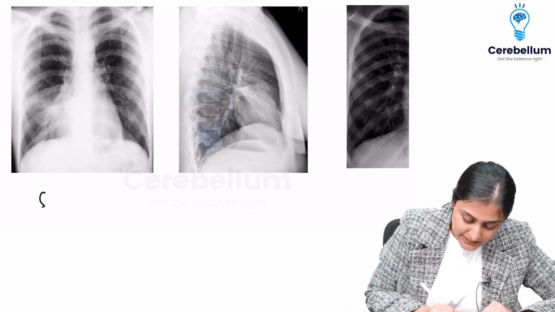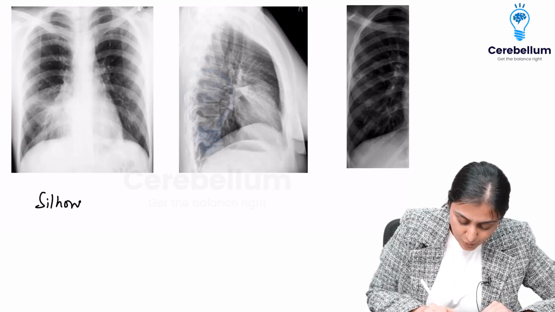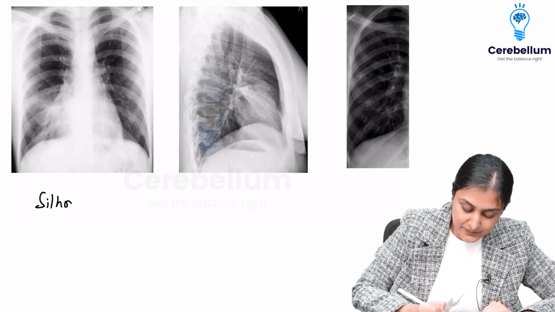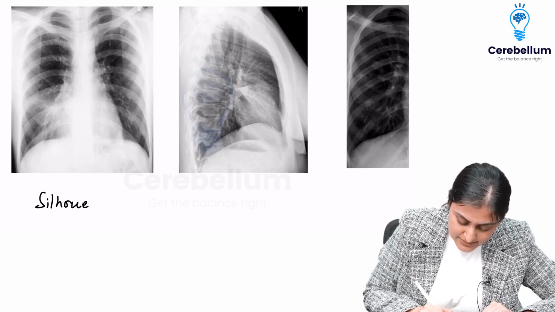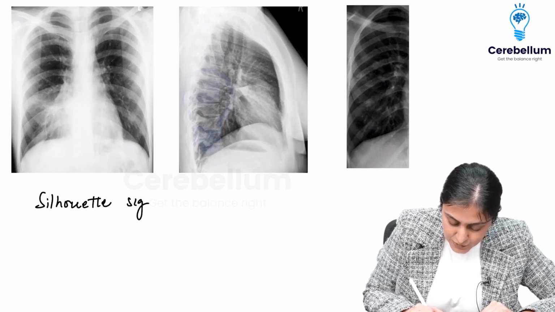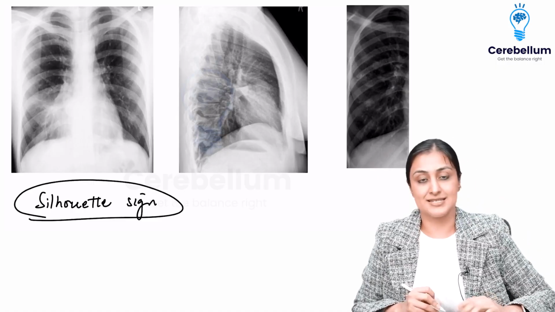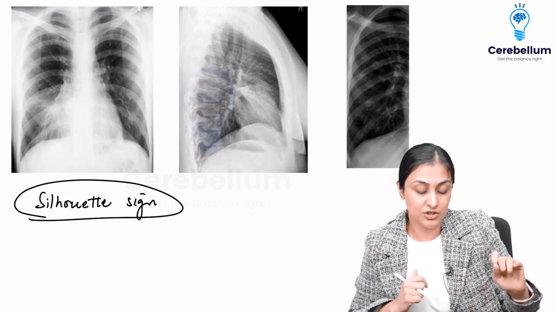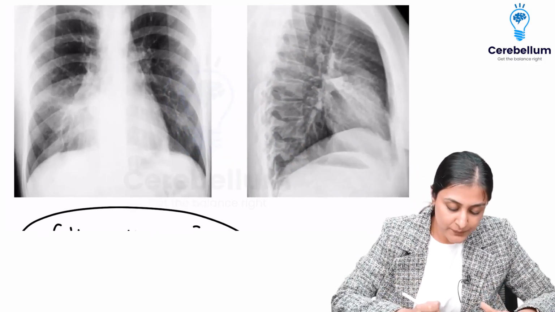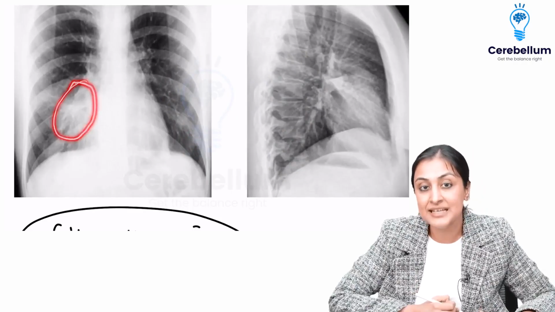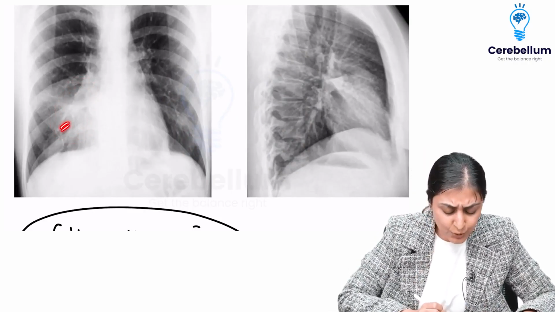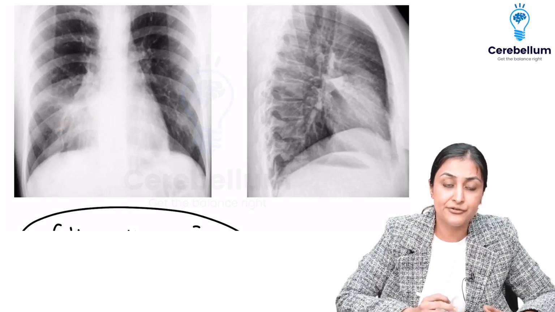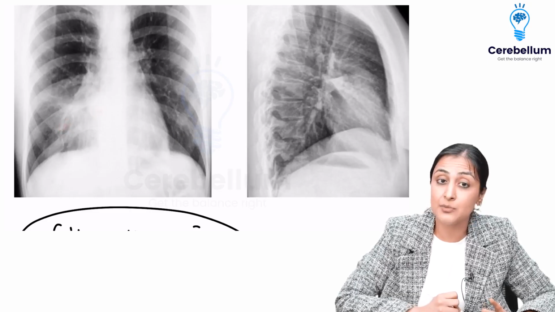So this is where we need to understand something that is called the silhouette sign. What is the silhouette sign? So the silhouette sign, you need to understand, is to learn the demarcation between two structures. So I'll explain further. You can see there is an opacity here. Can I know definitively the difference between this opacity and the heart border?